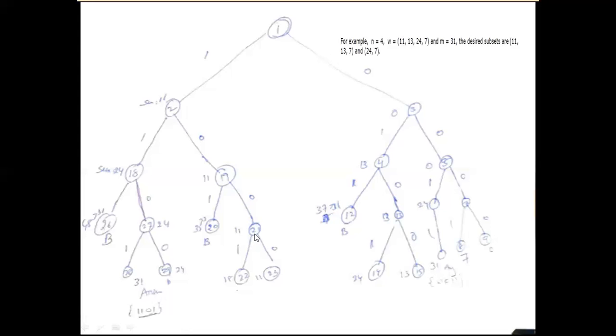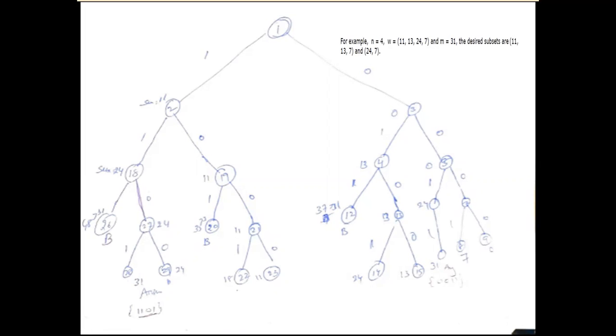The 21st node represents including only the first element in the sum, with the second element not included and the third element not included. So the sum is equal to 11.